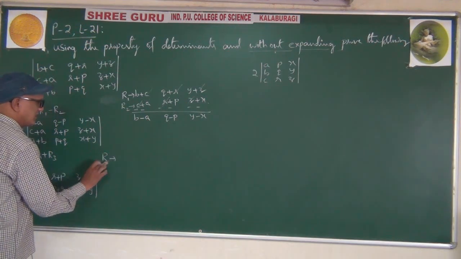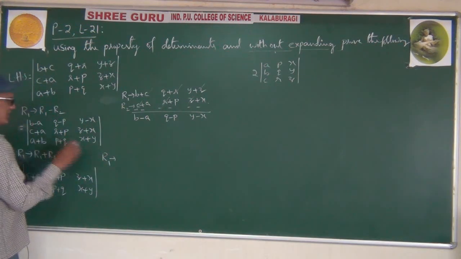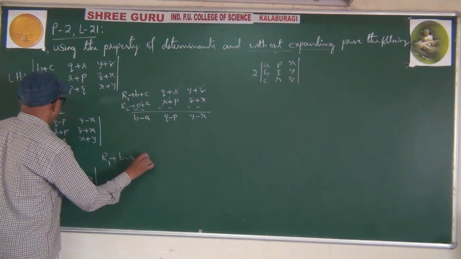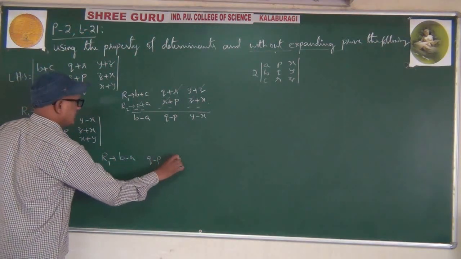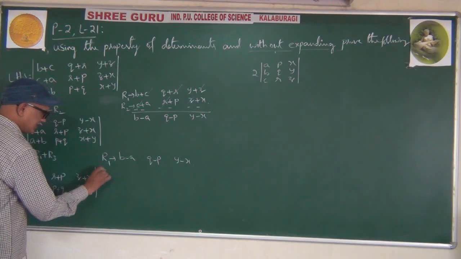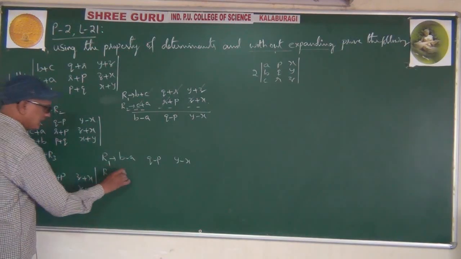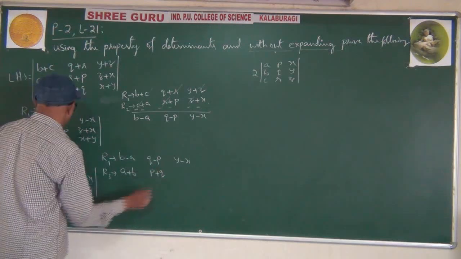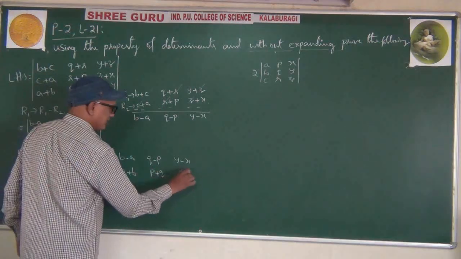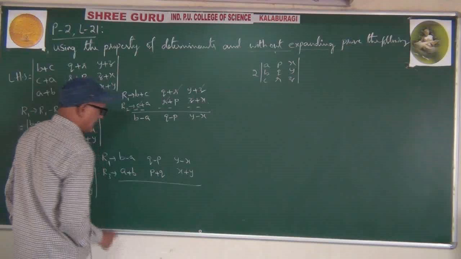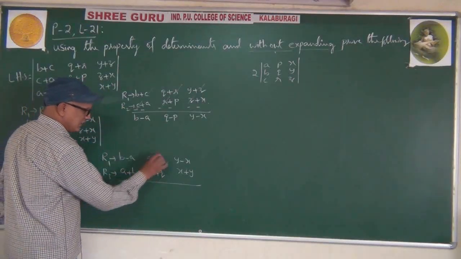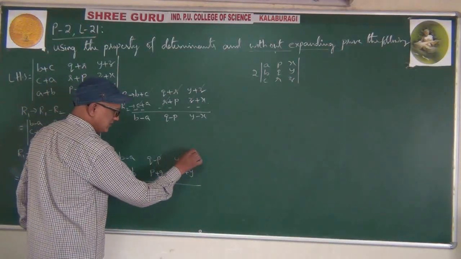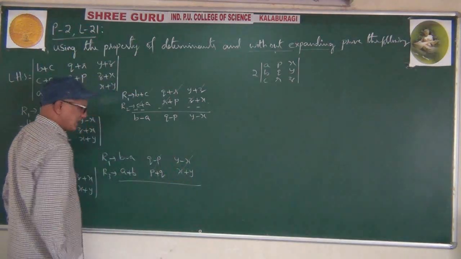What is R1? B minus A, Q minus P, Y minus X. What is R3? A plus B, P plus Q, X plus Y. Right? Add: minus A plus A cancel, minus P plus P cancel, minus X plus X cancel.